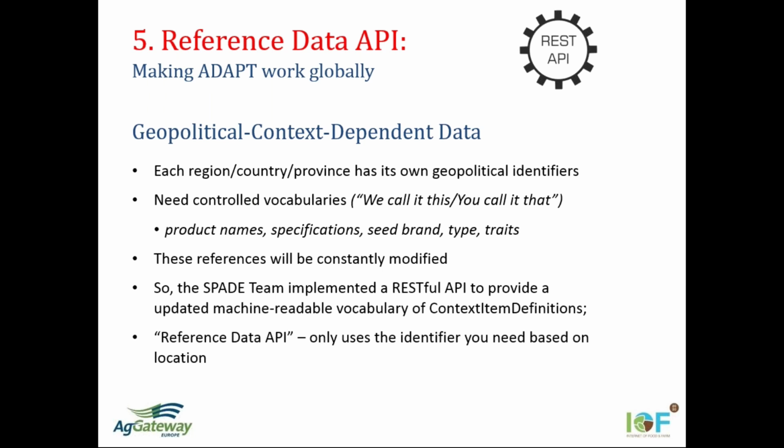So we need to make sure that only the correct information is being pulled. Then we also want to have, this is where we use our controlled vocabularies to make sure that we're all calling it the same thing or that it's referred to as the same thing. This goes for product information, seed references, and branding, as well as other specifications.